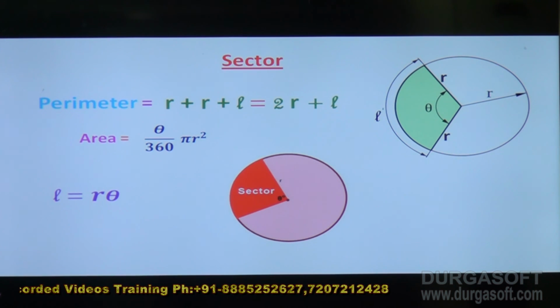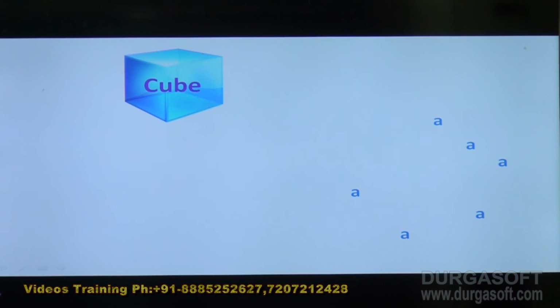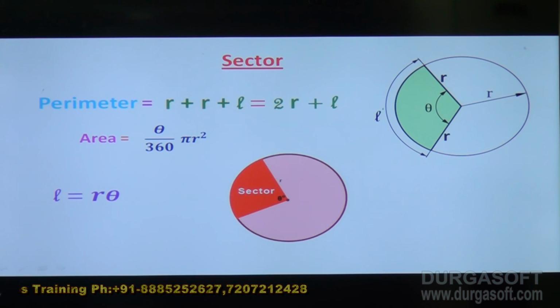And if we talk about the length, it is equal to r into theta, right? So these are the important points about a sector. Perimeter is equal to 2r plus L and the area is theta by 360 into pi r square, where pi we know is 22 by 7, and length is equal to r into theta.